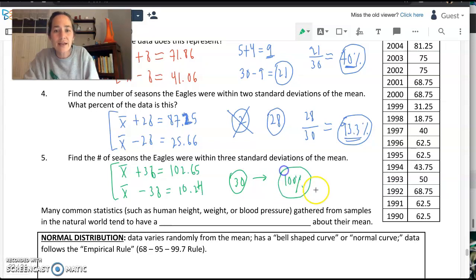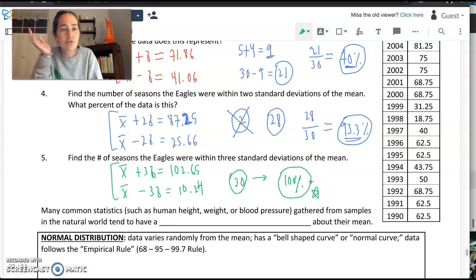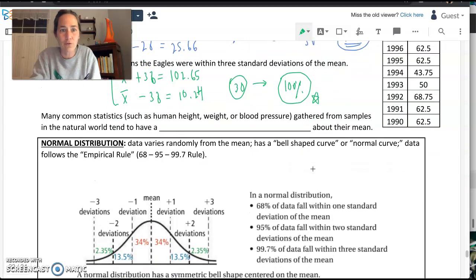And what I was getting at here, what you notice with a lot of real-life data, is it tends to fall in what's called a bell curve or a normal distribution. And I want to talk about this data. Actually, this is real life data, and these percentages line up with the rules we're about to go over for normal data.